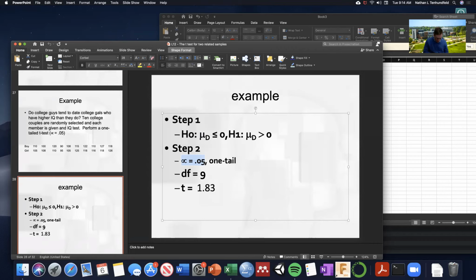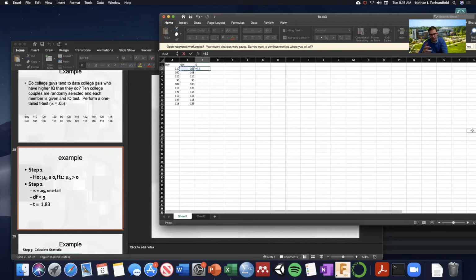All right. So first things first, let's go to our data here. And so we have the boys' IQ score and the girls' IQ score, right? So first things first, we have to calculate the difference score. So for each subject, we take the girls' IQ score and subtract their boyfriend's score. Right? And so we'll do that for all of them.